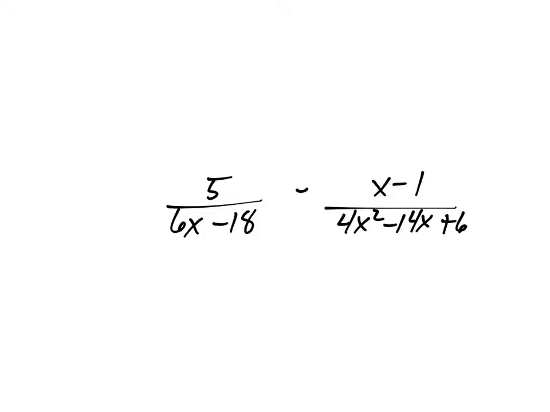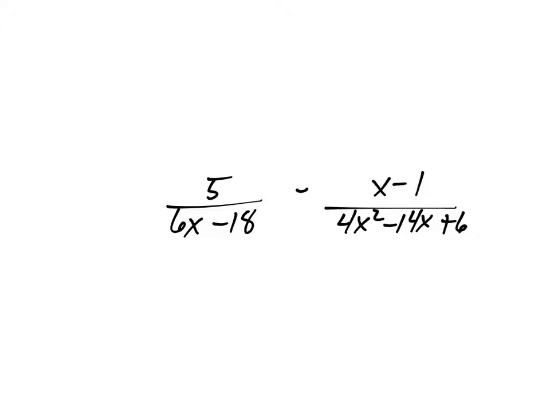So here we have 5 over 6x minus 18 minus x minus 1 over 4x squared minus 14x plus 6. Now here is where factoring comes into play, right?